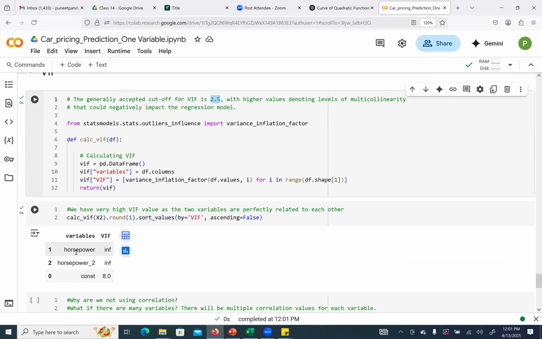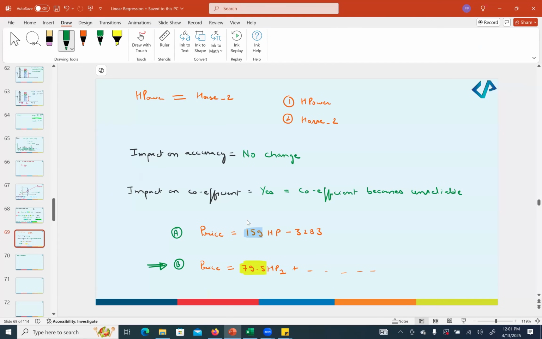I will discuss this tomorrow. How we will be using VIF, what we will do next, we'll discuss next week. On linear regression, we are more or less done. Next week we will be discussing multilinear regression.